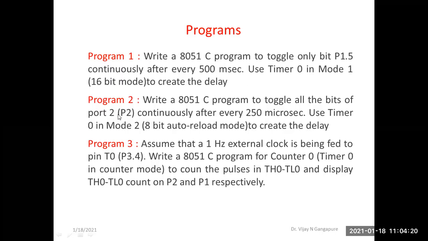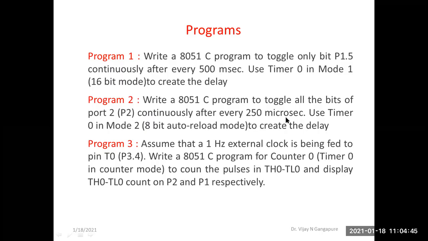Next, program number 2: write an 8051 C program to toggle all the bits of port 2 continuously after every 250 microseconds. There are 8 bits or 8 pins of port 2, so we have to toggle all the pins of port 2 continuously after every 250 microseconds.